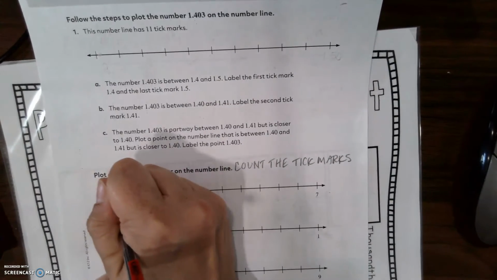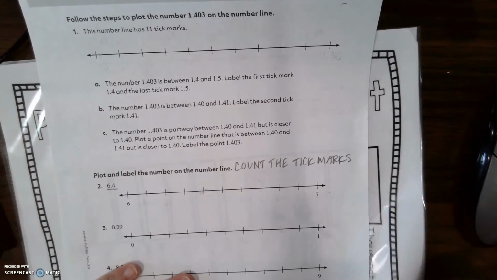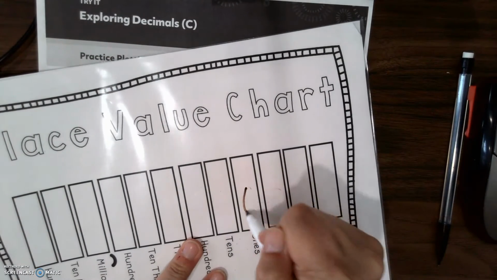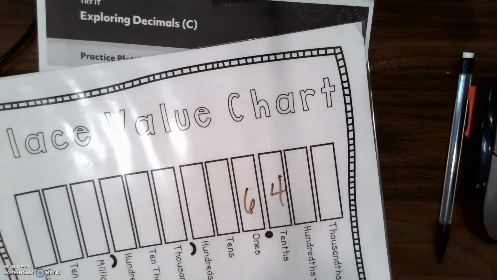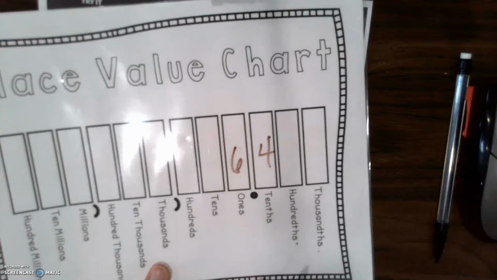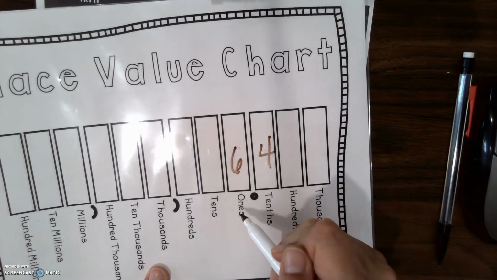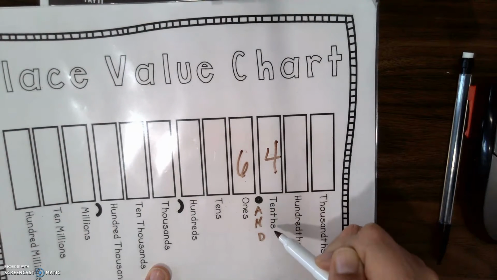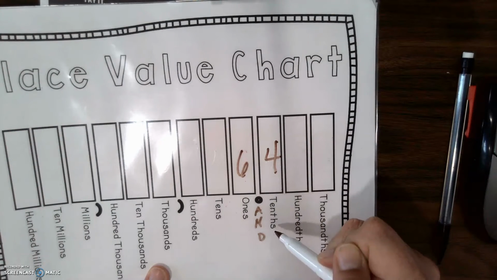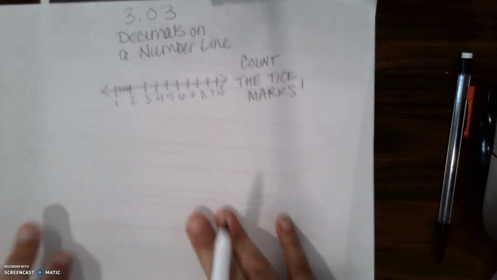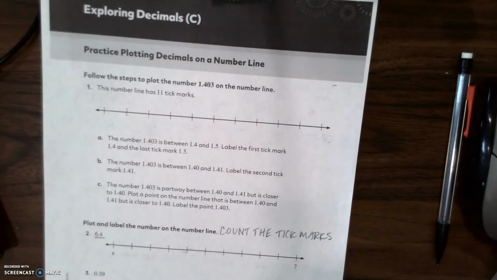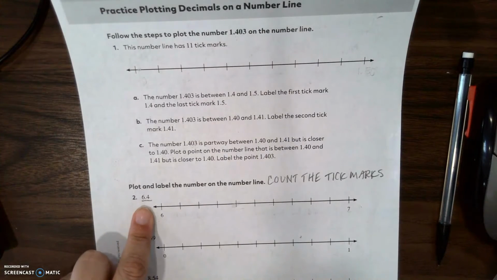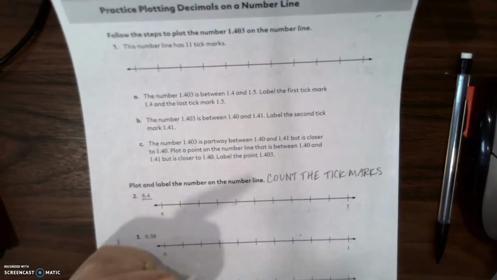And we are trying to plot this number. Well, let's plug it into our place value chart very quickly. A 6 here and a 4 here. I noticed something right away. 6 and 4 tenths. There are 10 tick marks, and the number I'm trying to get to is 6 and 4 tenths.